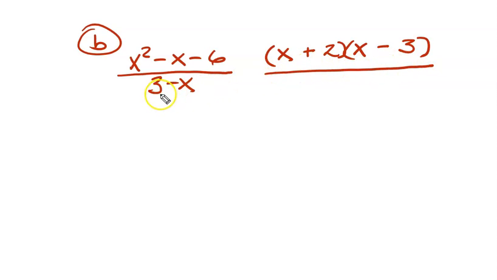Now, as we look at our denominator, this looks like it's in factored form already, but the signs here are wrong. So if we take out a negative 1, we can reverse the signs, and this becomes x minus 3. Now we see we can cancel this out, and our answer is this over negative 1.